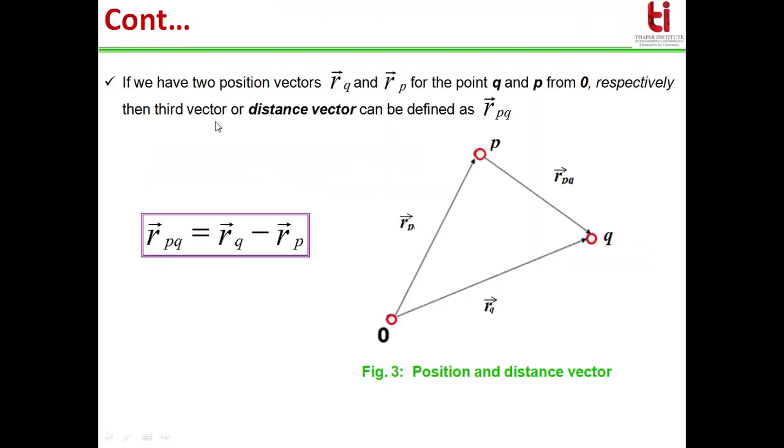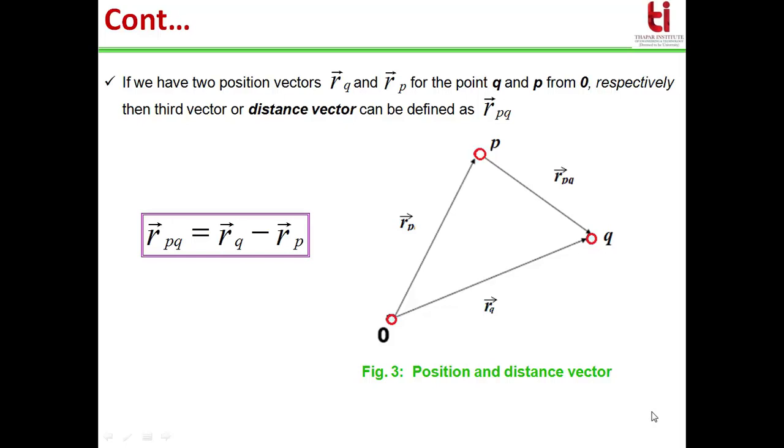Now for calculating the distance vector, let's take two position vectors rq and rp for the points P and Q from origin O respectively. So the distance vector can be defined as rpq. That can be written as vector rpq is equal to the position vector of Q, that is rq, minus the position vector of P, that is rp.